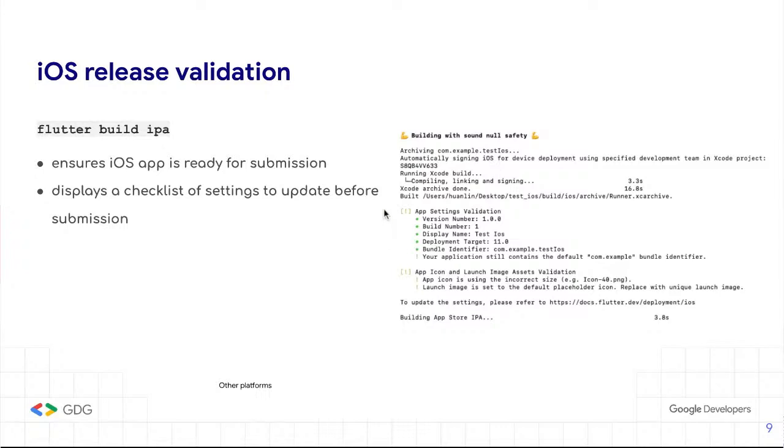I think this is very helpful if you're frequently developing iOS apps, because it acts like a reminder to tell you that the app icon is using the incorrect size. So you can read this and then go ahead and change the app icon. So a very helpful one again.